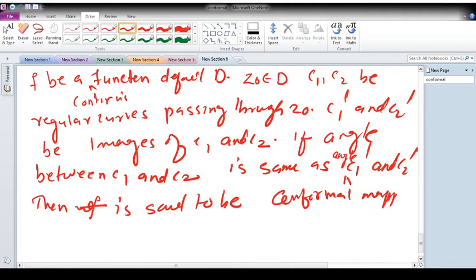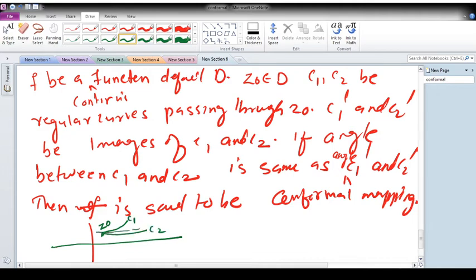So I will explain geometrically. We have a C plane. In the C plane, we take a z naught, and C1 and C2 are two curves.